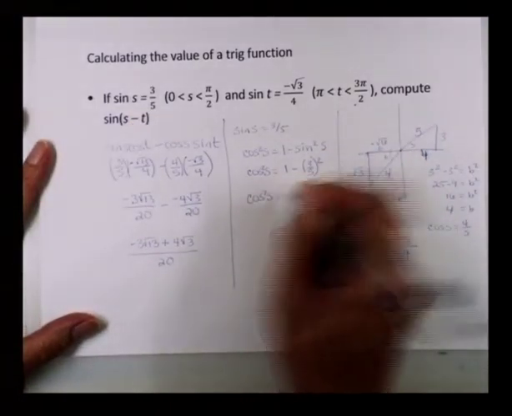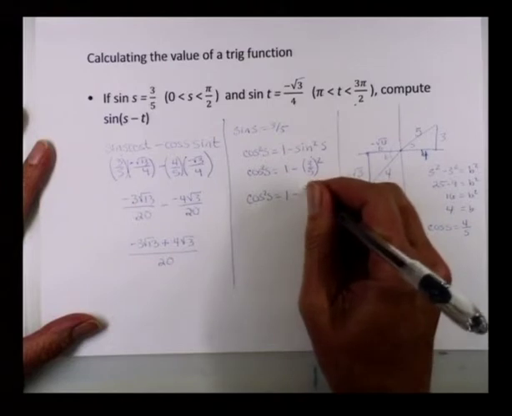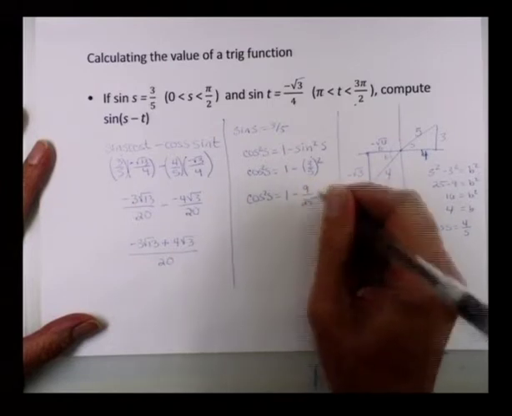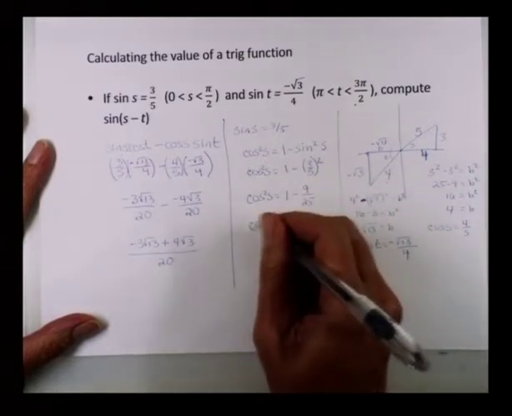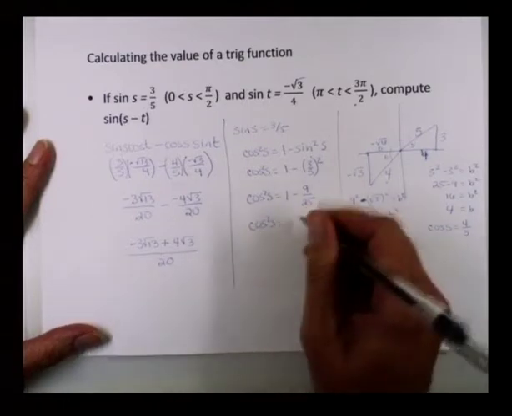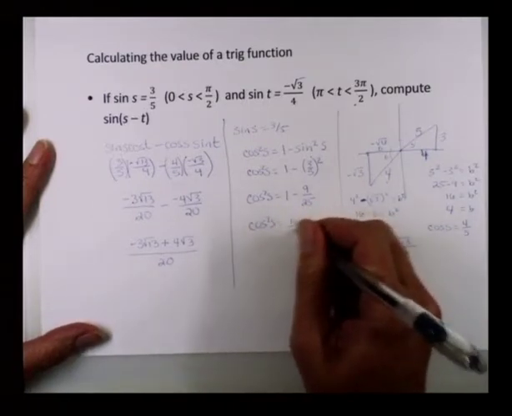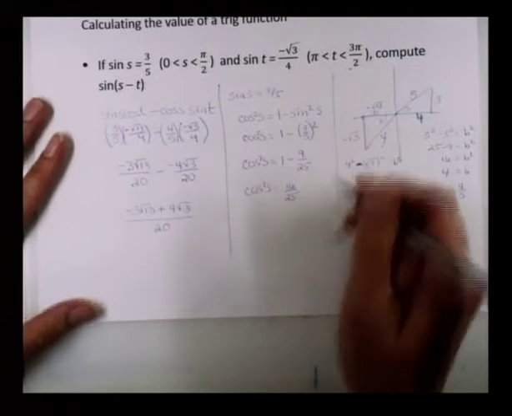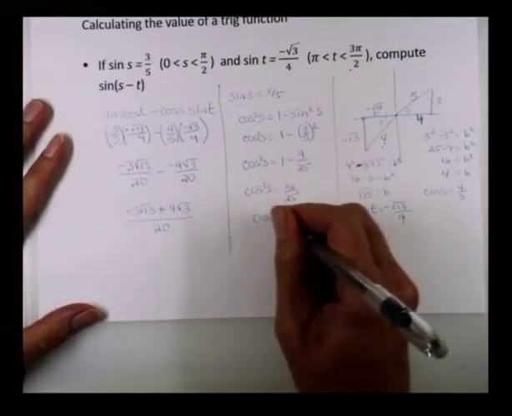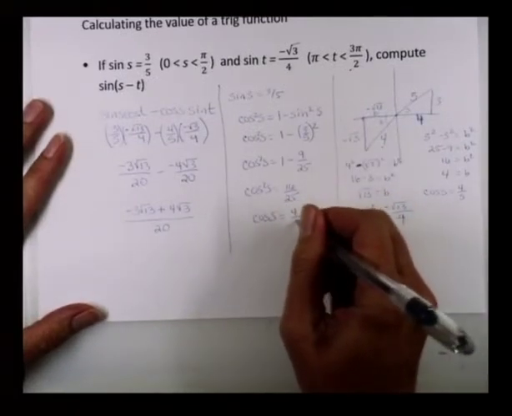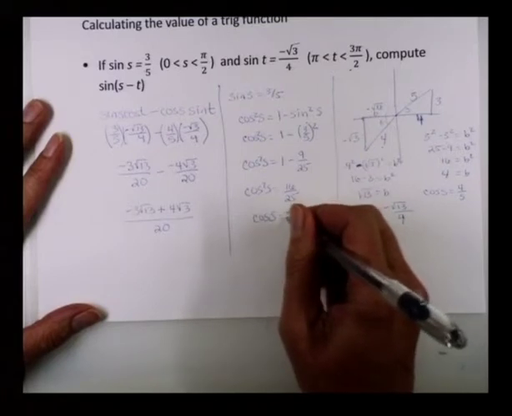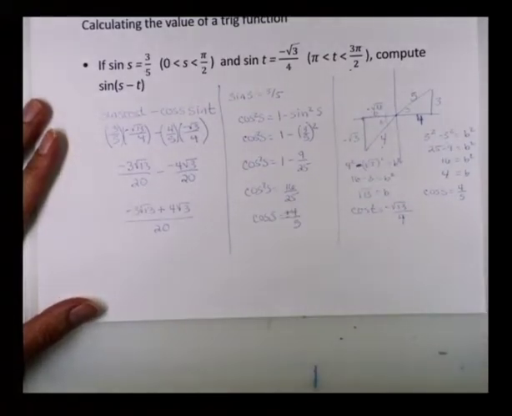So I'm just going to go through and solve this, and I get 1 minus 9/25, which would give me the cosine squared is equal to 16/25. And then when I square root both sides, I get the cosine of s is equal to 4/5. Now this is positive or negative, and we have to ask ourselves, do I want the positive value or do I want the negative value?